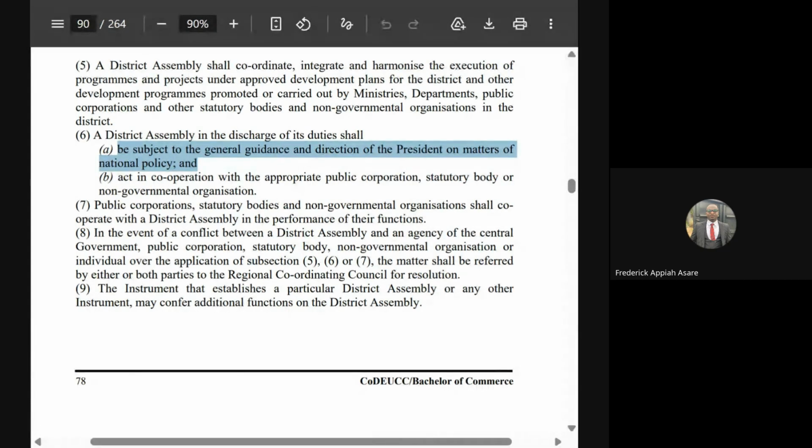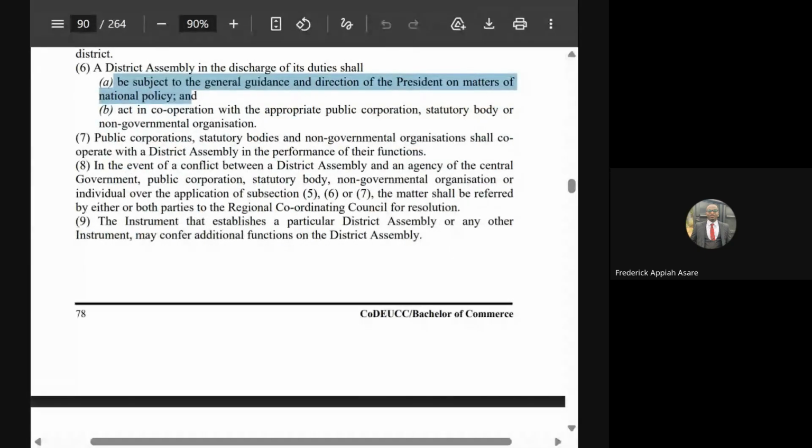So if that is the case, anytime they are performing their tasks, they make sure that they do it considering the direction the president has given to them. And also they must act in cooperation with the appropriate public corporation, statutory body or non-governmental institutions or organizations.